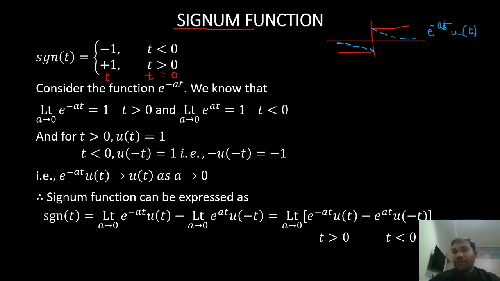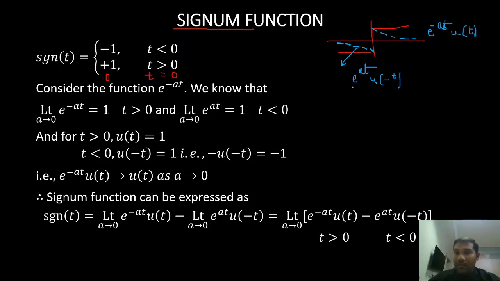And here, this is a rising exponential, right? From smaller values it is going bigger. This is negative value and it is increasing. So how can I write this function? It is e power at, only for the negative axis of t. So u of minus t, right?